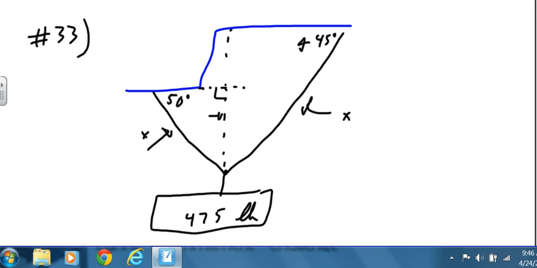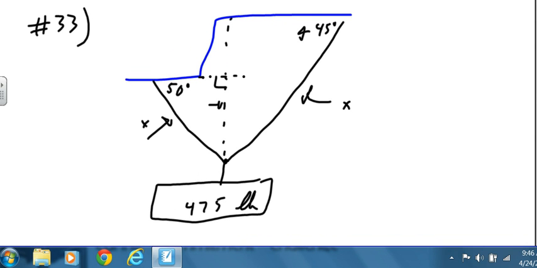Okay, so what does that mean? We're going to call this tension 2, tension 1. Okay, so I look at this guy. The cosine component is tension 2 cosine 50.